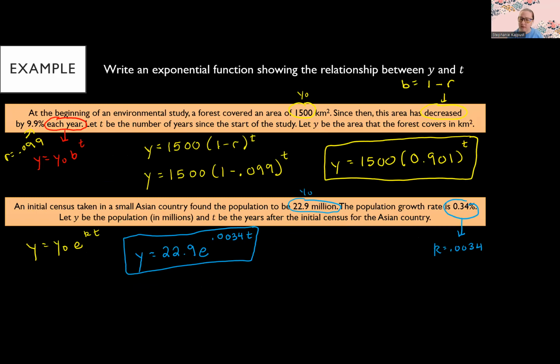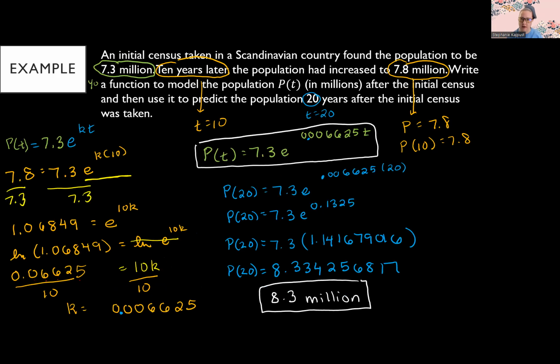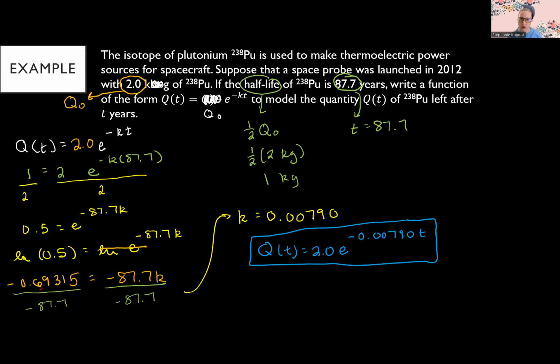If they don't give you the percent, then you need to figure out the model and then you need to find the percent. So it would be more like this one with the population growth where you had to solve for k, or like this one where you have to find k in your decay.